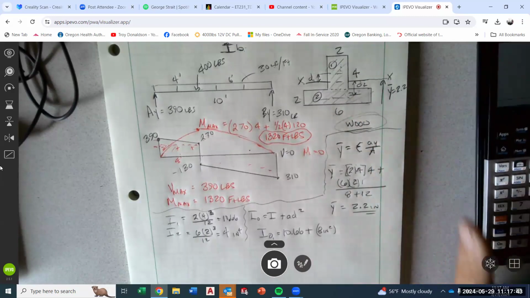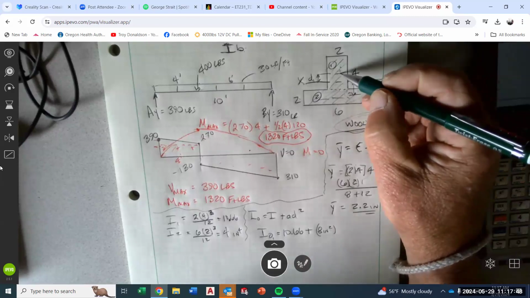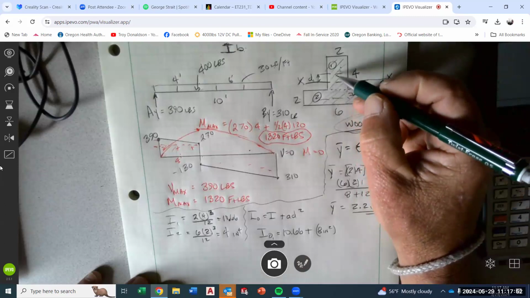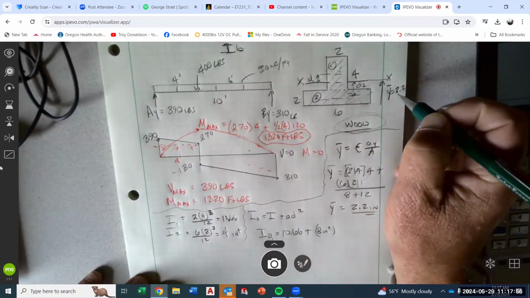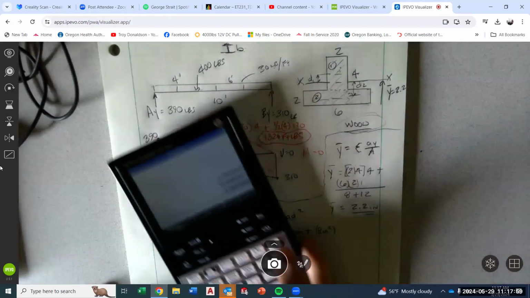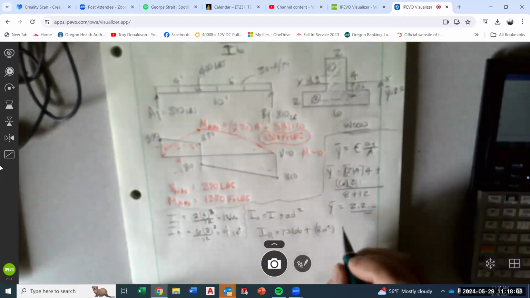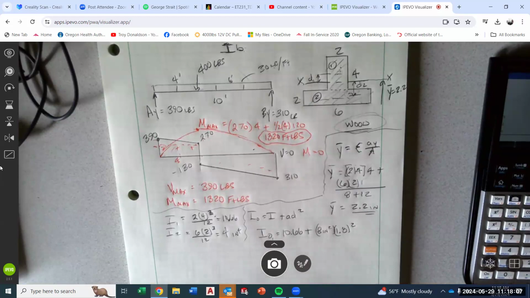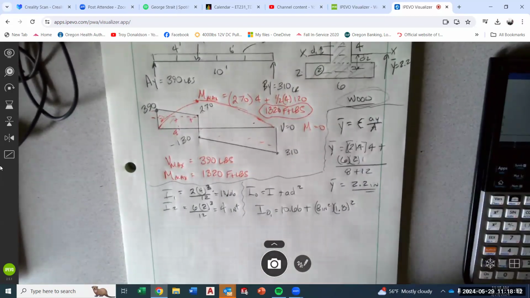The way I do it is I think about how far up it is to its centroid, which is 2 and 2. So it's 4 up to here. And then this is 2.2. So it's the difference between 4 and 2.2, 1.8. And don't forget to square it. That's a step that's often missed, or this cubing is often missed.